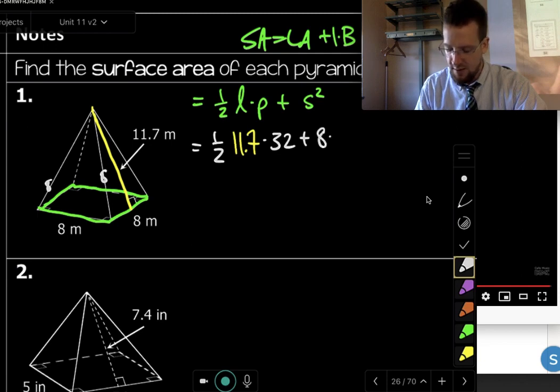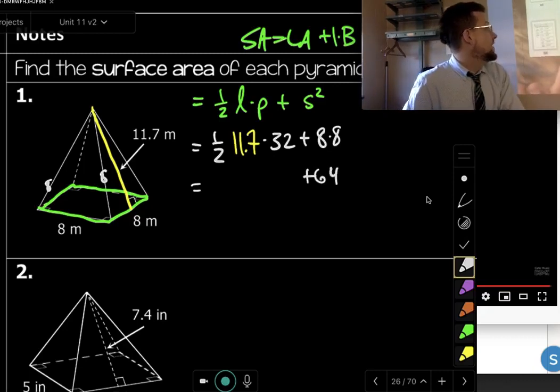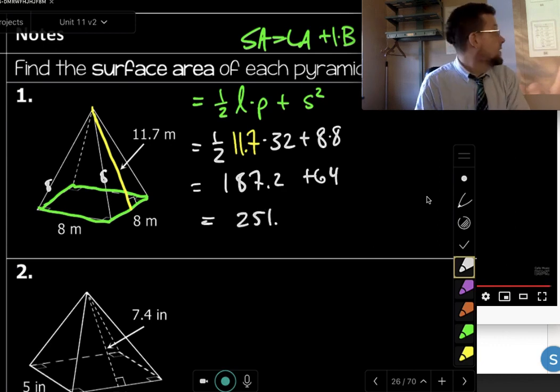So this is 8 times 8, so this is plus 64. What is this? 187.2. Add these two things together and we get 251.2, and these are meters squared.